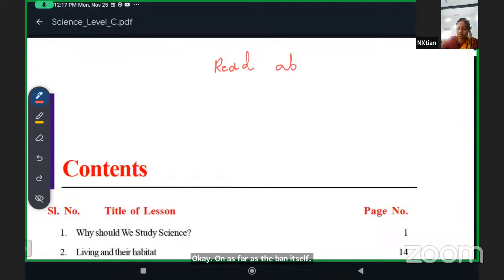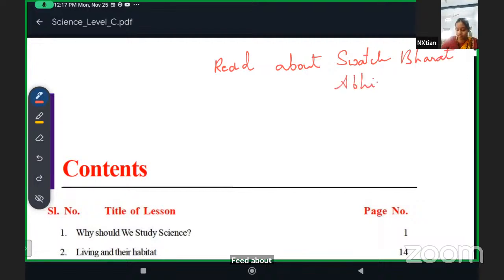Read about Swachh Bharat Abhiyan. Read it, research about it. See how it was done.